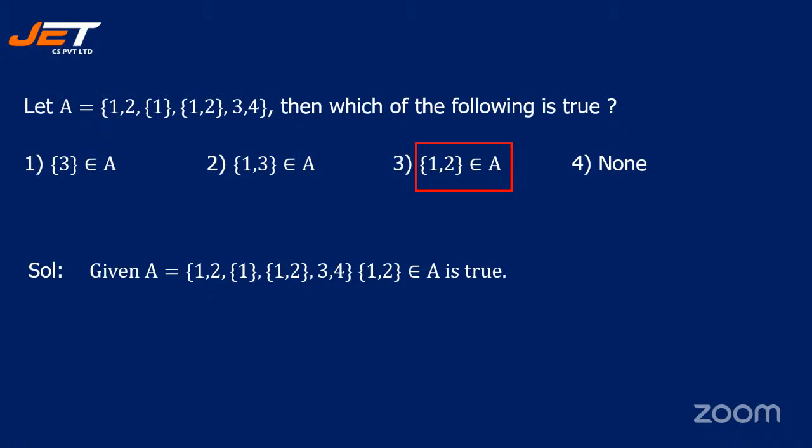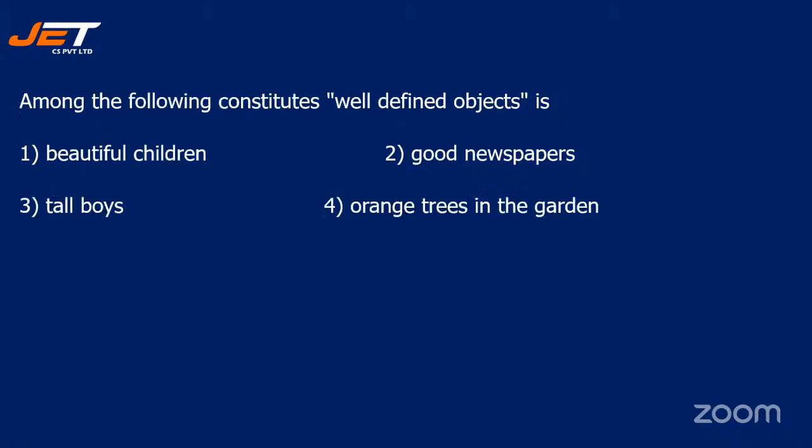Let's move on to the next question. Among the following, which constitutes well-defined objects? What do you mean by well-defined objects? Something which is very clear, no ambiguity, no generalized statement. The first one says beautiful children. There are many children who are very beautiful, so nothing specific is defined. Then good newspapers.